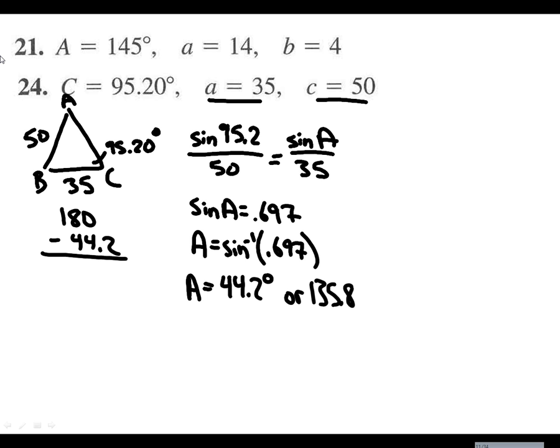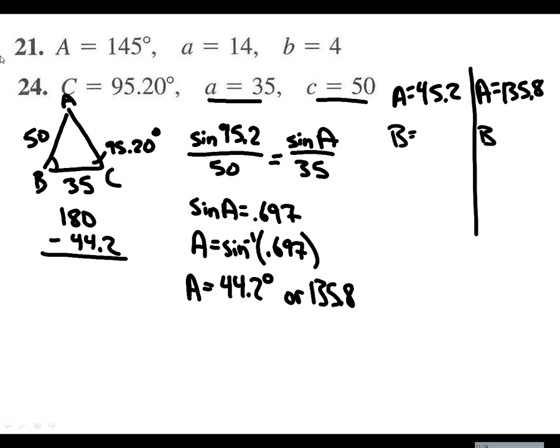So we've got angle A is 45.2, or angle A is 135.8. We still need angle B, so we'll get that next by subtracting all our angles from 180. Let's start with 180 minus the known angle, 95.2.